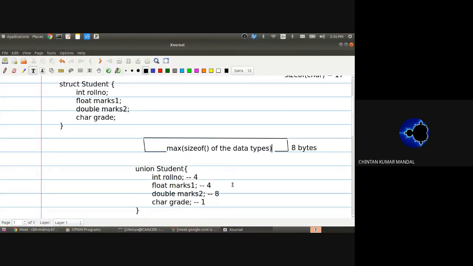So if I have student S1 and student S2, there will be two memory allocations, each of 8 bytes, and I can keep only one value of one data type in that memory allocation, any one of them.